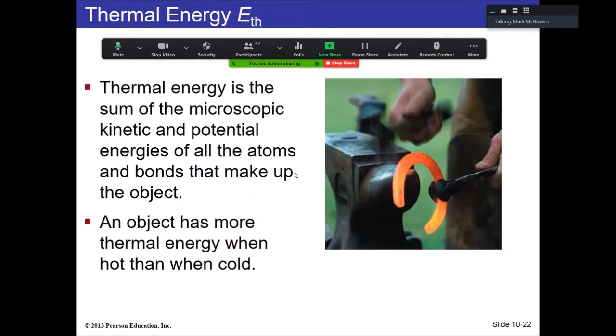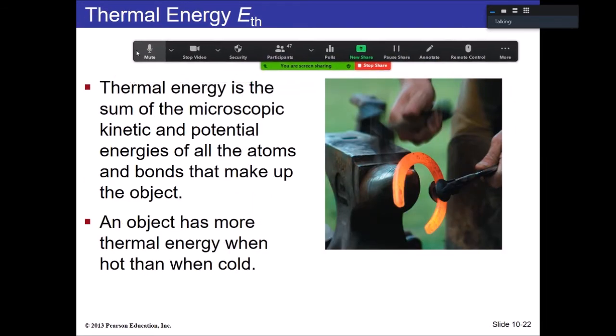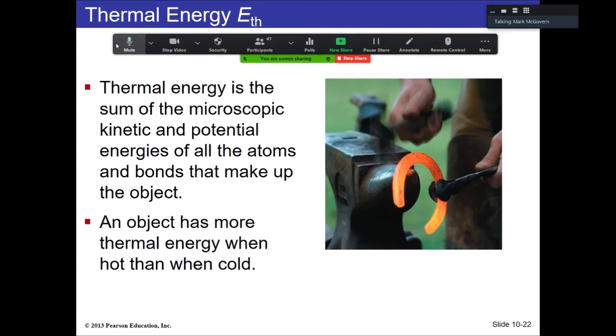And then there's another type of energy, a complicated type of kinetic and potential energy that is all collectively grouped into what's called thermal energy. Thermal energy is associated with the temperature of an object and how much of the object is there. An object can receive or lose thermal energy by the transfer of heat.